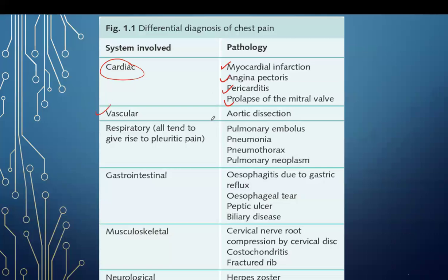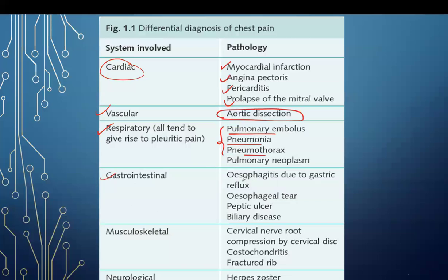Then we have vascular causes. Aortic dissection is a very important cause of chest pain. Then the respiratory system: pulmonary embolism, pneumonia, pneumothorax. Pulmonary neoplasm is very unlikely to come with chest pain, but these are the main three causes.